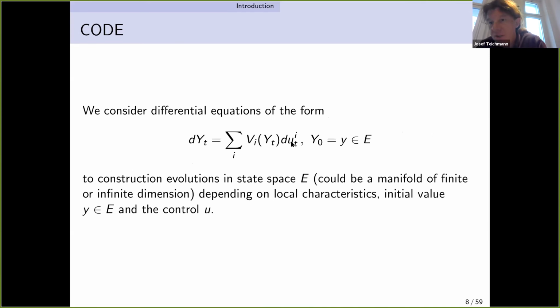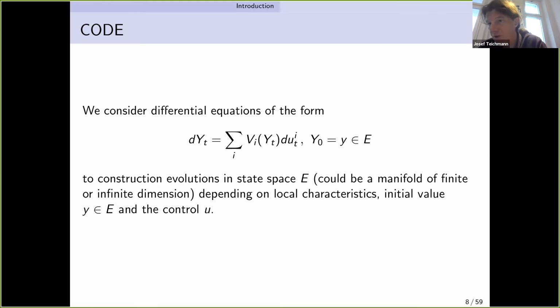For simplicity, just think of a curve u, which has a real parameter, the running time, and which goes to R^d, and which is, let's say, C^1. And then one can consider this non-autonomous ordinary differential equation on state space E.